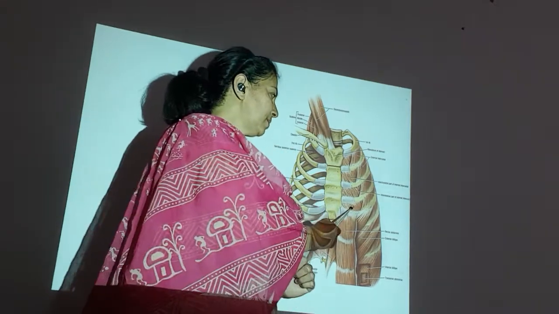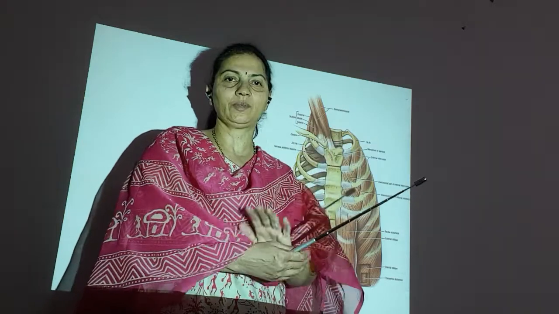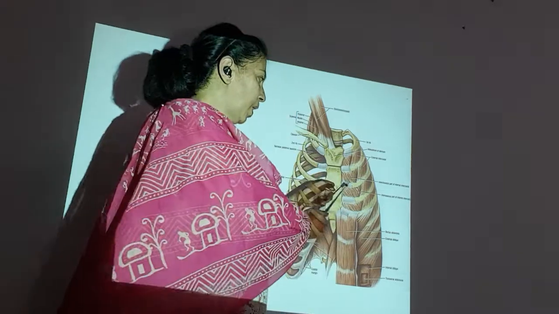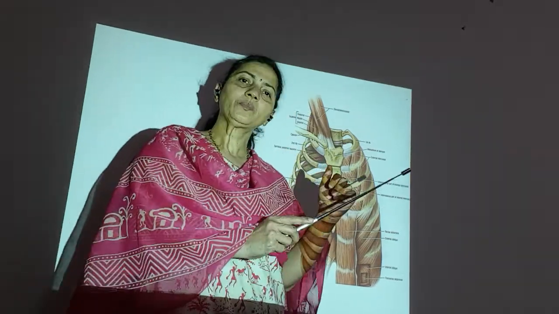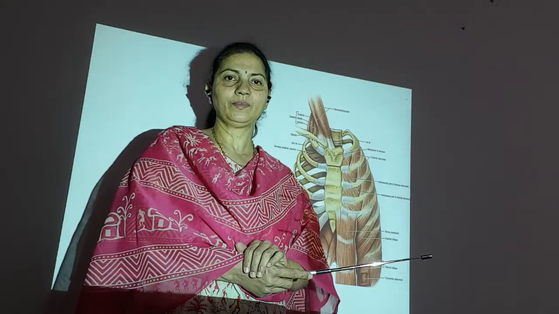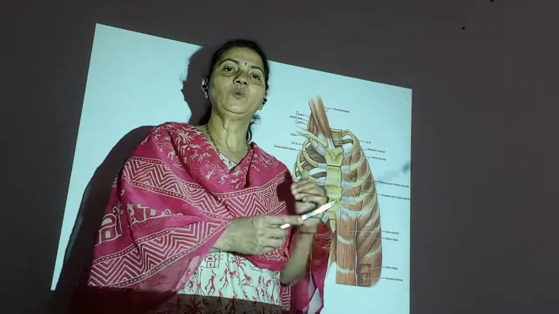One more thing about internal intercostal muscle. That muscle is bifurcated into two layers by the nerves and blood vessels passing through it, and that is why this muscle is divided into two layers. The outer one is called the internal intercostal proper, the outer layer.